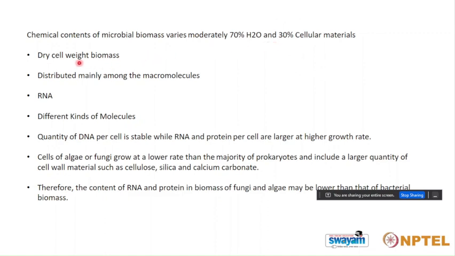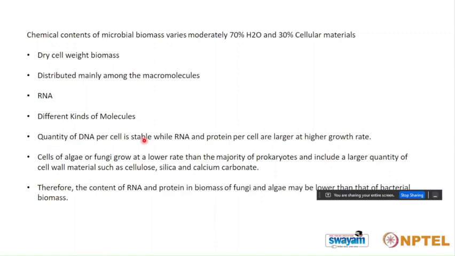The dry cell weight biomass is constituted of different macromolecules, RNA and DNA, and other cellular components.